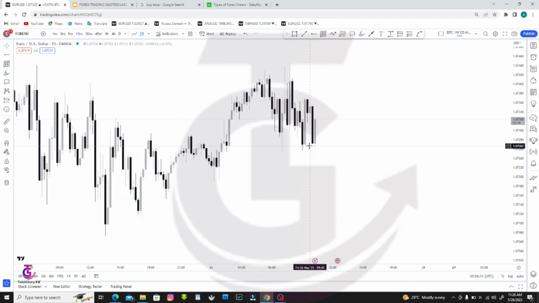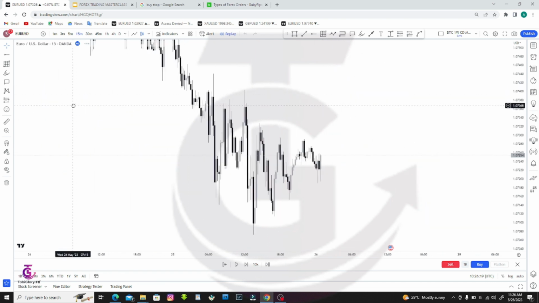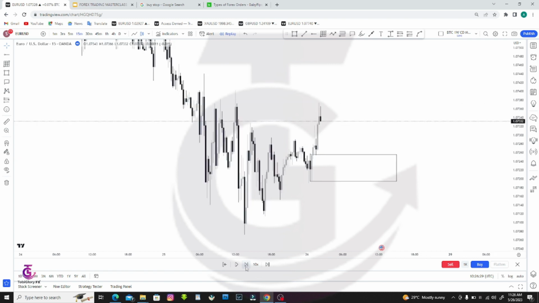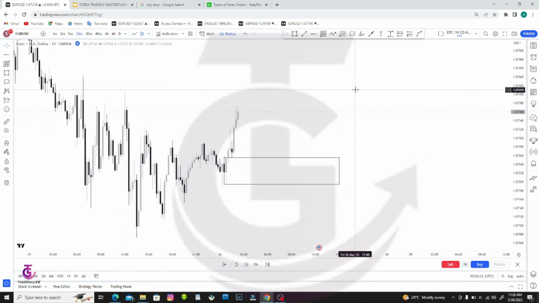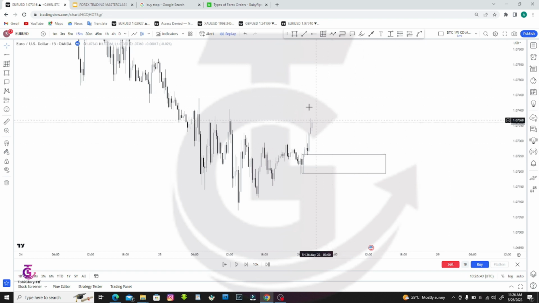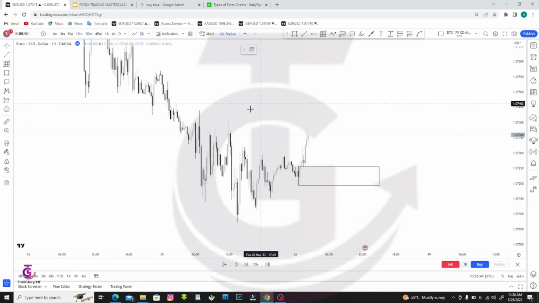Now let's say you know your pair will be buying from a particular place around here. Let's say you have analyzed your pair and you notice it will be buying from this area, and you are busy to wait for the market to come back and retrace here before you buy, or you have an important place to go.